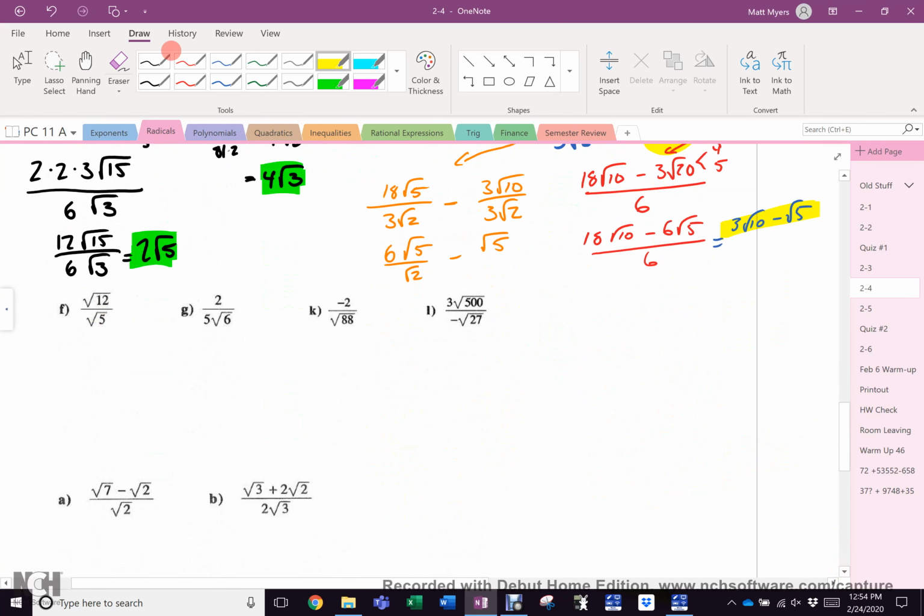What's happening here? Can I do anything? So what am I multiplying by? Root 5 over root 5. So it is root what? 60 over 5.